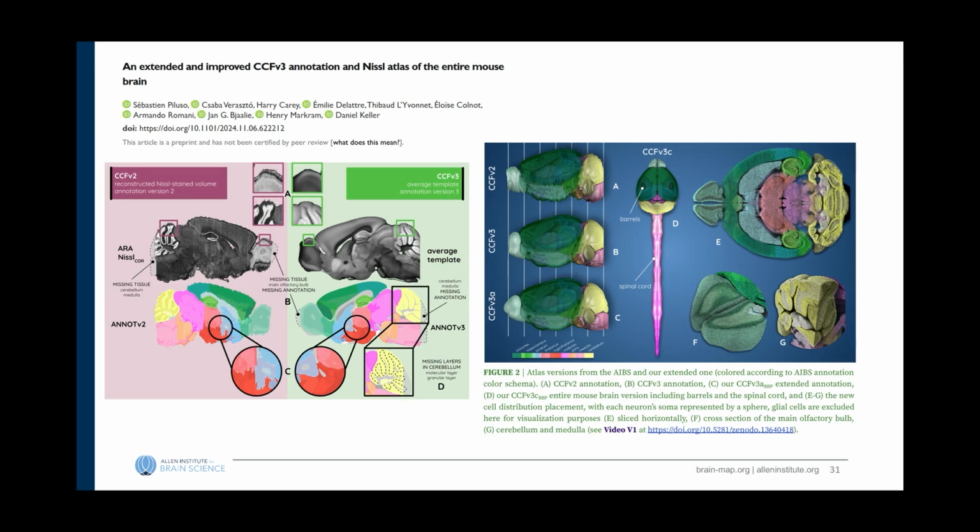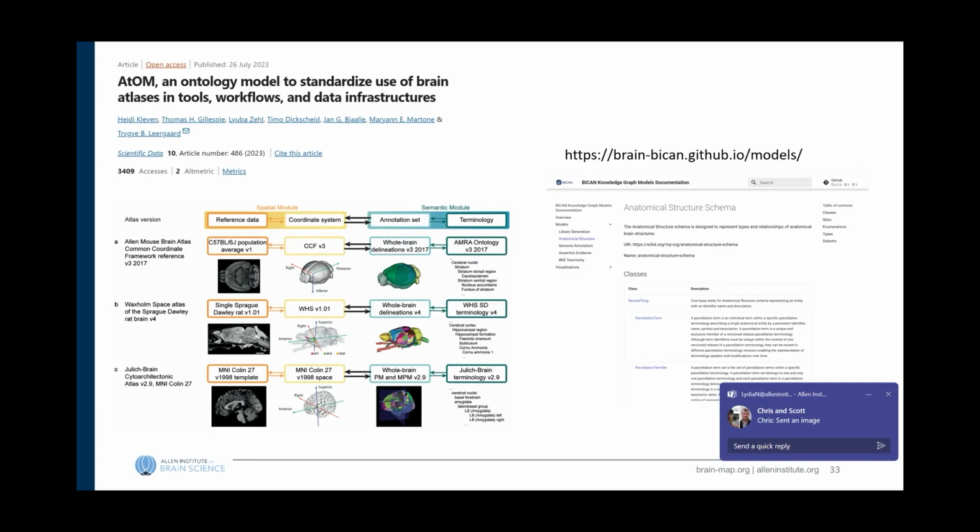So the Blue Brain group with Sebastian, led by Henry and Jan Balaji, have spent a year or so filling out the missing pieces and also estimating some laminas, and I think they also annotated the barrels. So we're going to take a look at that to see how we can bring that back into the framework.